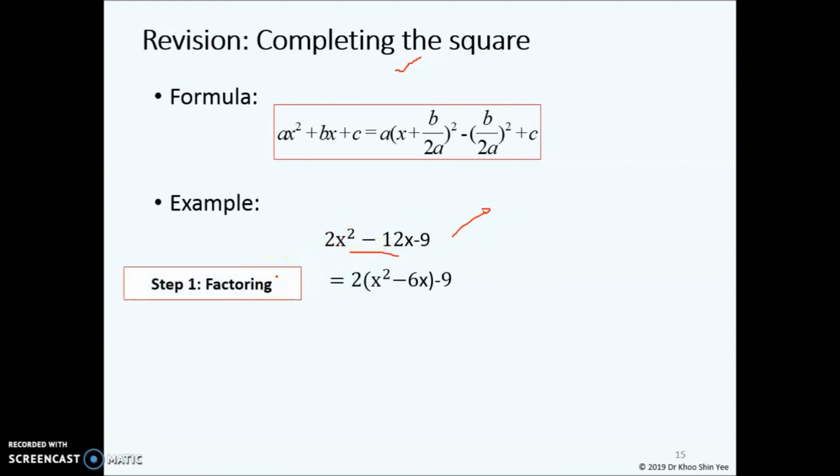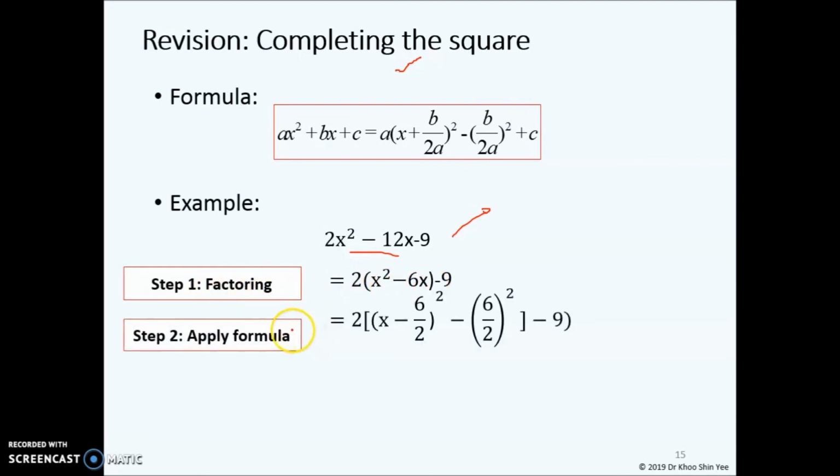So firstly, you can do factoring, and then from this term we can do the completing the square, and from here you can see that negative 6 you have to divide by 2, and then the same term, you have to subtract it. So you get this result.